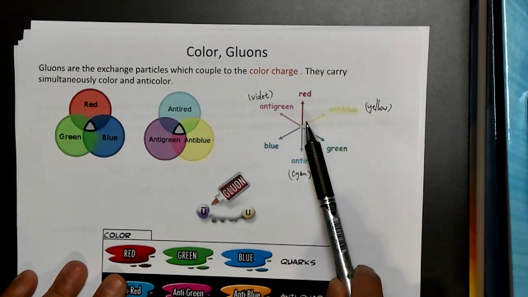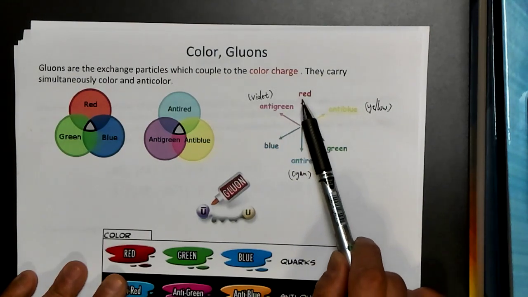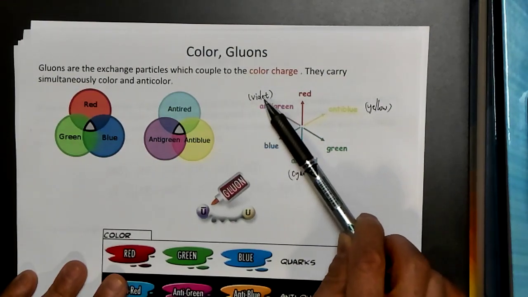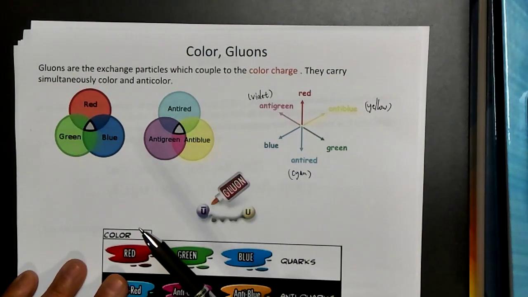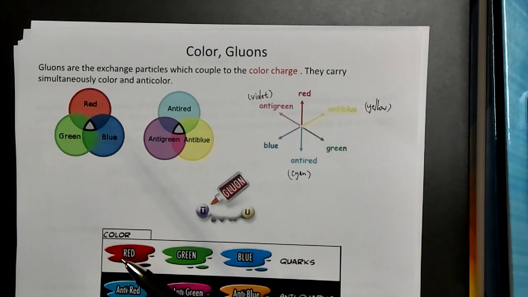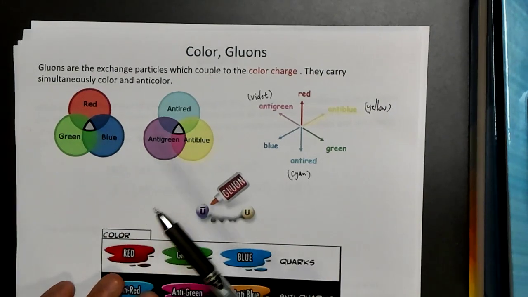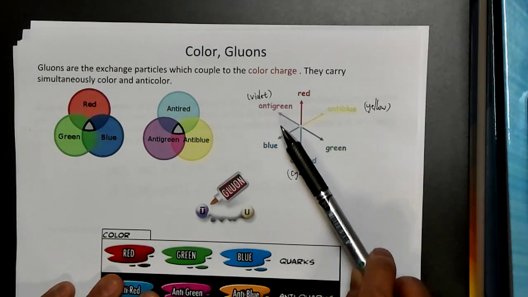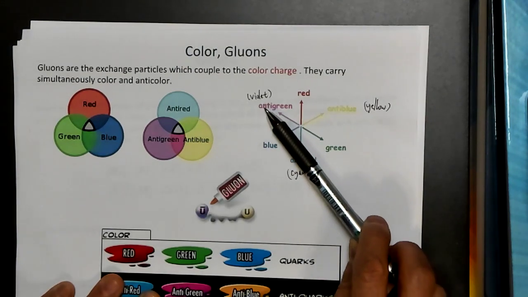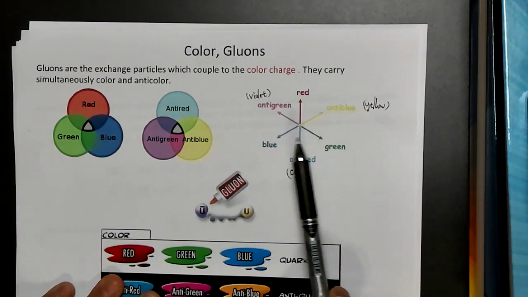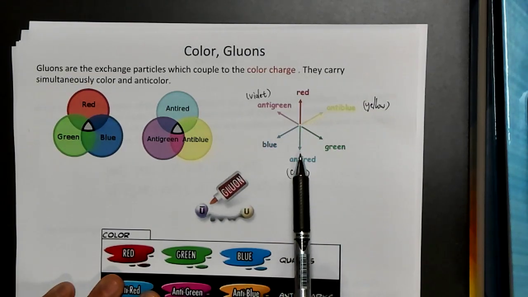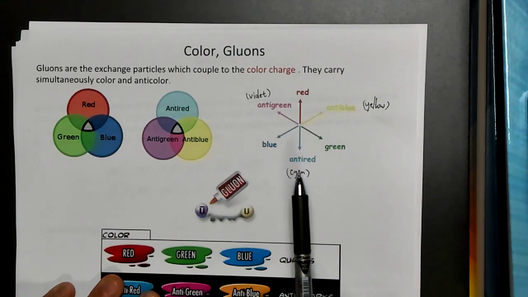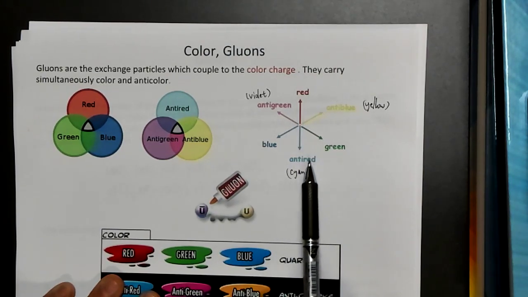Now, I can also have a combination of red with blue. It gives you something that looks violet, although it's not the same thing as the pure light frequency violet. The eye perceives it as looking like violet. It's a mixture color, and that would be the same thing as anti-green. So the yellow was anti-blue, the violet is anti-green, and if you have a combination of blue with green, you get something called cyan, and that would be the same thing as anti-red.